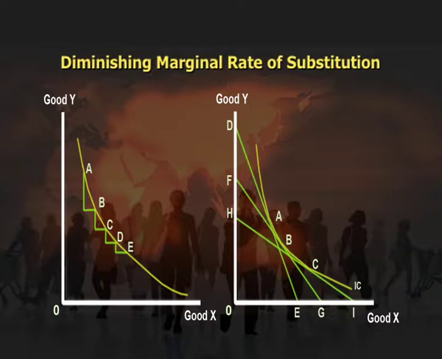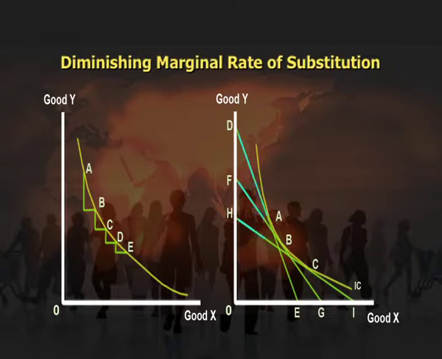The diminishing MRS_XY can also be measured by drawing tangents at different points on the indifference curve. The MRS_XY at a point on the IC is equal to the slope of the IC at that point, which can be measured by the tangent of the angle which the tangent line makes with the x-axis.